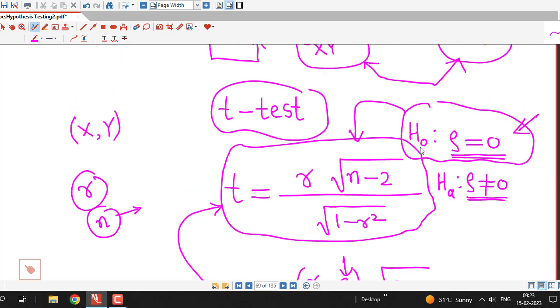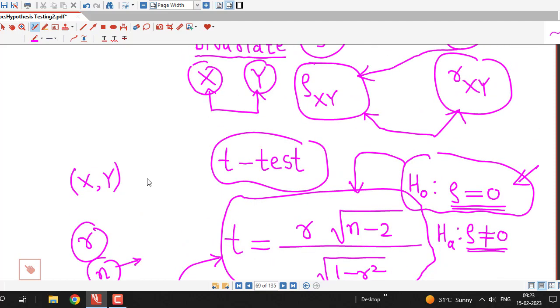If we consider our population as a bivariate normal population, that means we assume that X and Y follow normal distributions, or X and Y are normal random variables.